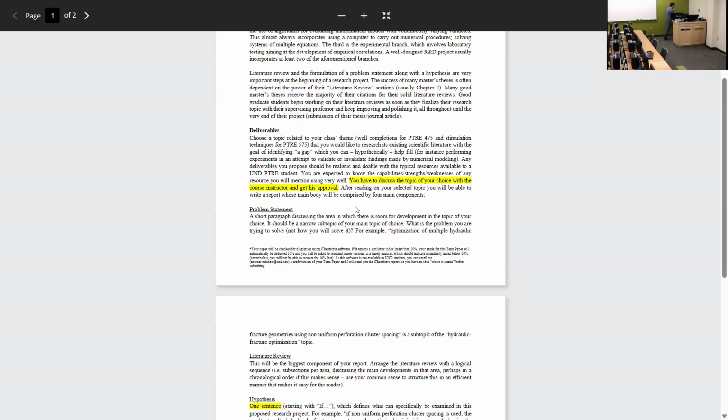But not a hypothesis that has already been tested. You need to be novel, okay? New, authentic. For instance, performing experiments in an attempt to validate or invalidate findings made by numerical modeling.